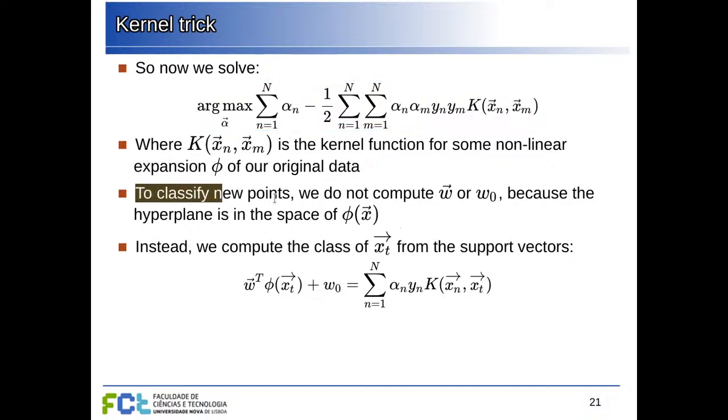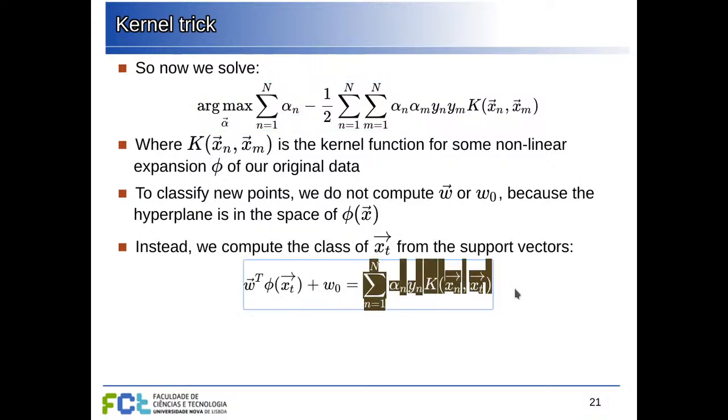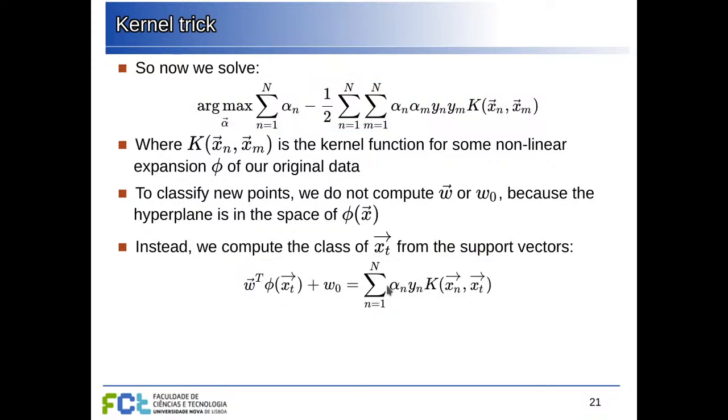Of course, to classify new points, now we cannot compute directly the set of coefficients, so we won't even have the set of coefficients computed. We will only have the set of Lagrangian multipliers to identify the support vectors, and then we can do the classification by using, for all our support vectors, the product of the Lagrangian multiplier, the class, and the inner product after the transformation, or better, the kernel function, between each of our support vectors and the point we're trying to classify.